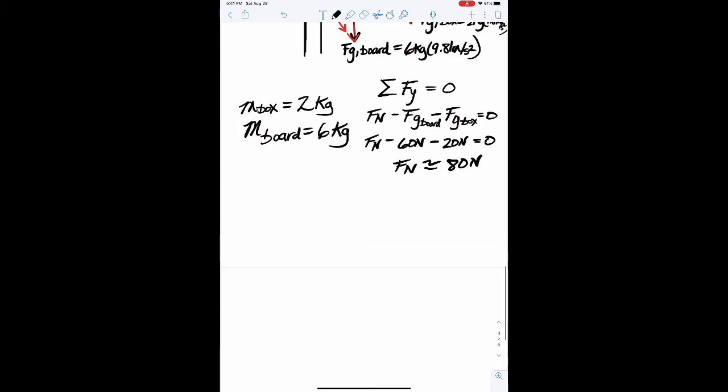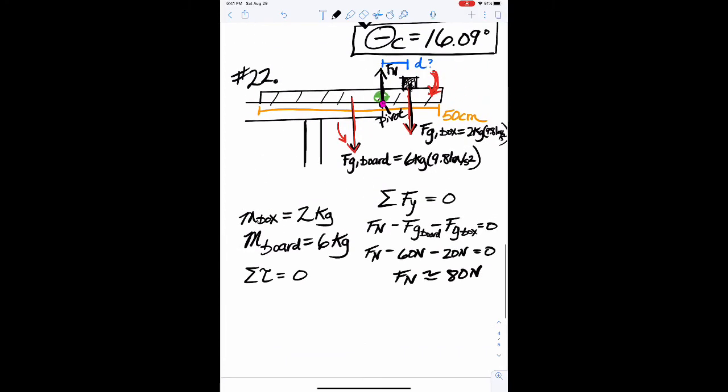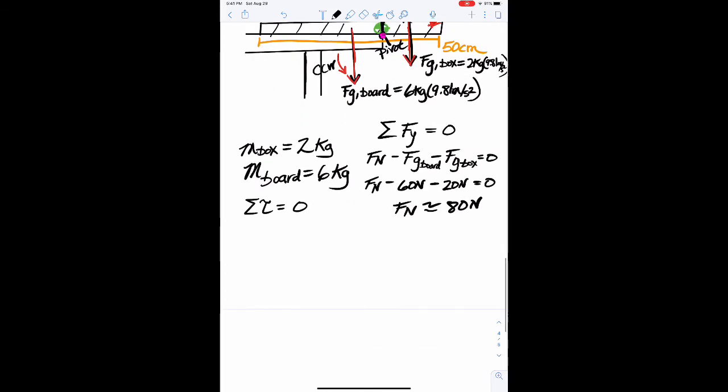The sum of the torques is equal to 0. We have two torques here. This one is going to be positive because it's counterclockwise, and this one is going to be negative because it's clockwise. So we have torque due to the board minus the torque due to the box is equal to 0.